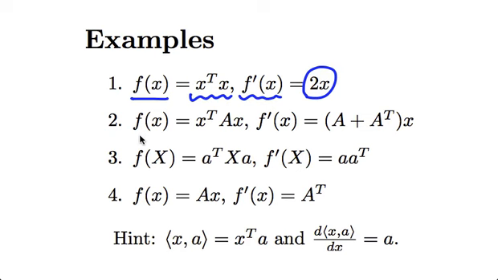Now suppose that f of x is x transpose Ax, where x is in Rn and A is an n cross n matrix, right? Then the derivative is (A plus A transpose) x. Now remember, both of these are n cross n, right? And this is n by 1.